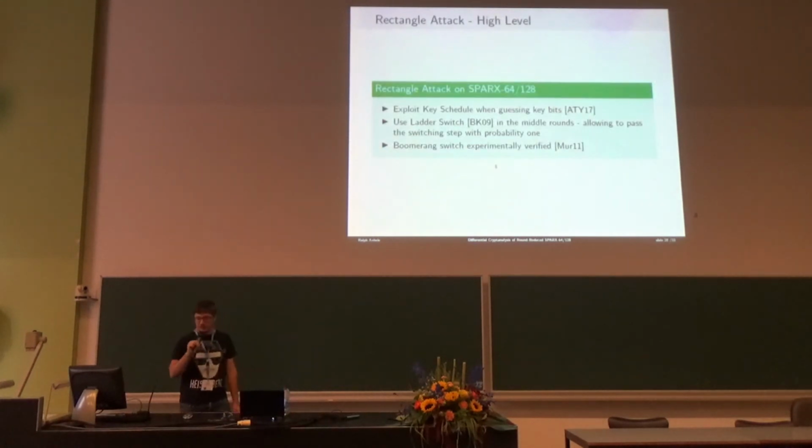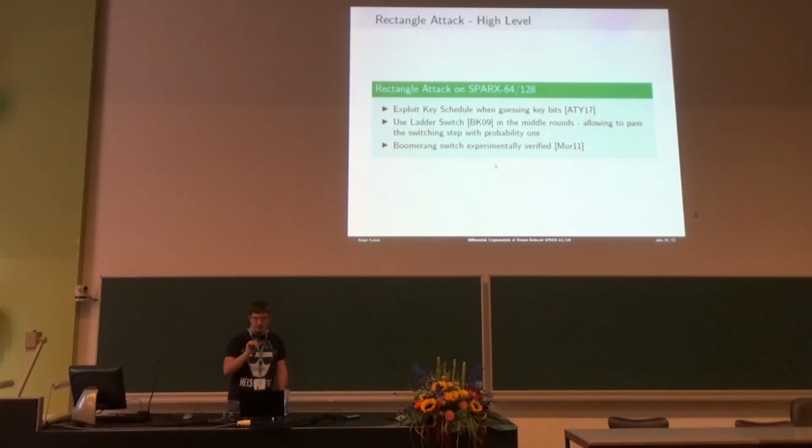In our rectangle attack, we again exploit the trick in the key schedule when guessing key bits. We use the ladder switch for the middle round, so that allows us to pass the switching step with probability 1. The ladder switch just says that we don't have to look at the whole middle part, so we can also just look at some parts and connect them as we want.